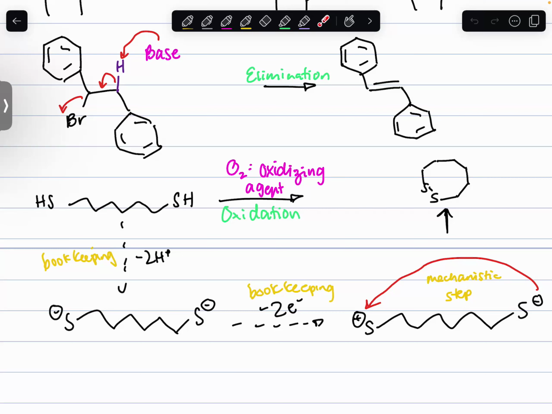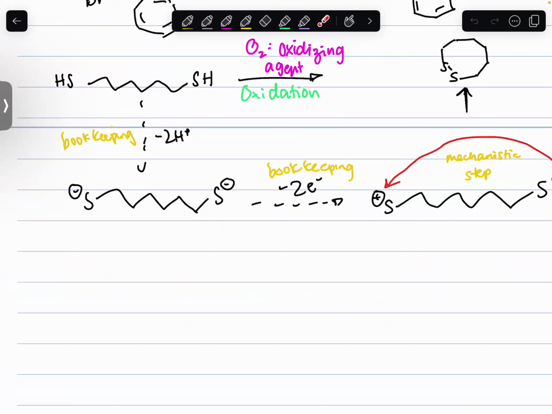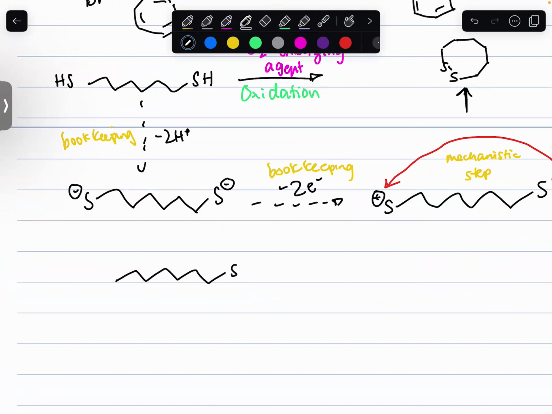So one of these will just get deprotonated. So we have our carbon chain. One of them will just get deprotonated. And from that, we get S minus. But we have an oxidation.